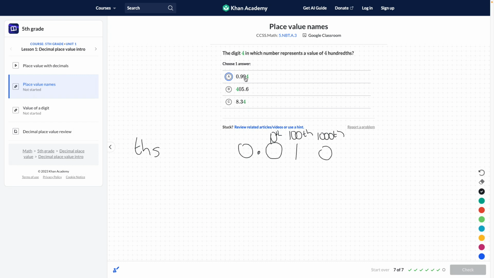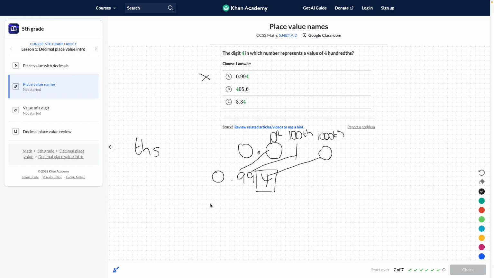Well, this one is a 9, so we've got 0.994. Once again, we have the tenths, the hundredths, and the thousandths. The digit 4 here is in the thousandths, so that's wrong. This next one, 4, is not in the thousandths, it's in the hundredths, so we don't want that.